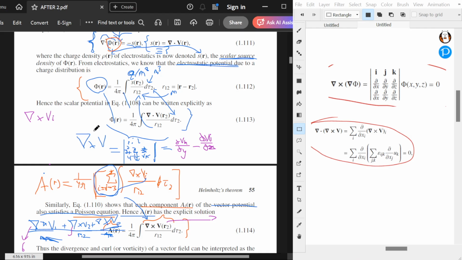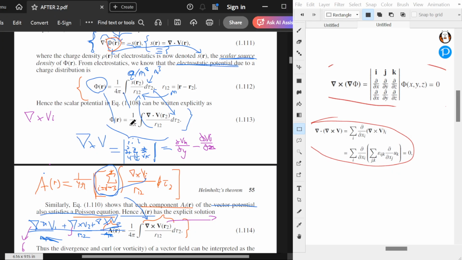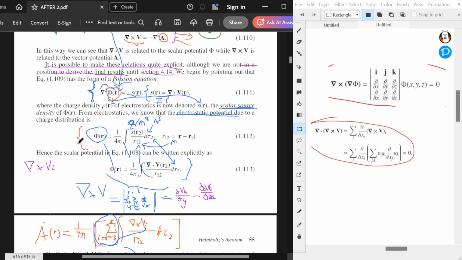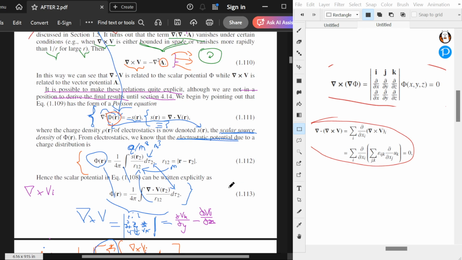A_i, not V_i. All the 3 A_i's combined make A(R), I think. Wait, this is not anything to do with A_i. Okay, let's go back. Similarly, this shows that A_i of R of the vector potential.